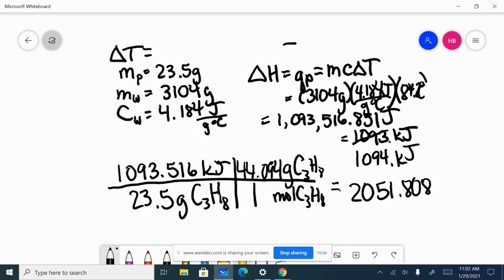But I want to round that to 4 sig figs again. So 2052 kilojoules per mole. So here's some examples of some MCAT problems and different things you could see from math problems before we get to Hess's law, which is next.